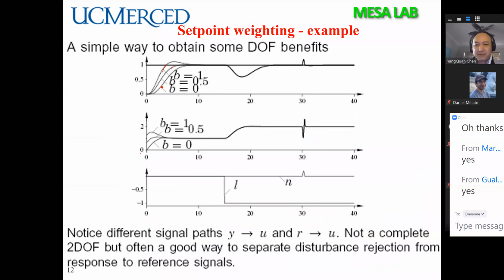It's a good way to separate disturbance rejection from the response to the reference signal. So this is just called set point weighting example. So the higher the weighting, the faster you react.